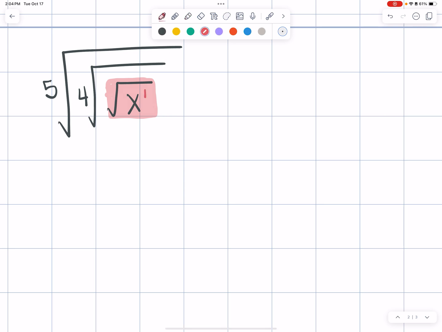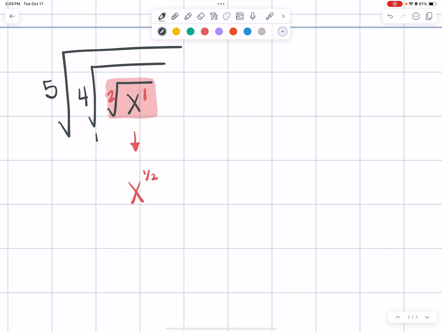So that is going to be x to the 1, and a square root means that the index is a 2. So I'm first just going to translate that to x to the 1/2 power. And that is using the radical to exponent property that was at the very front of the video.